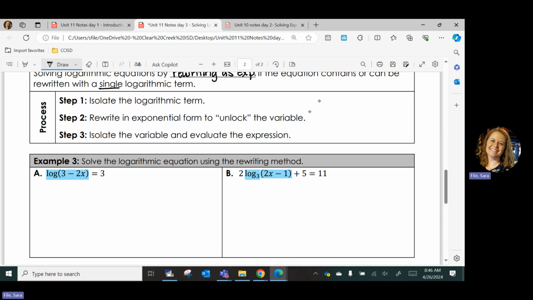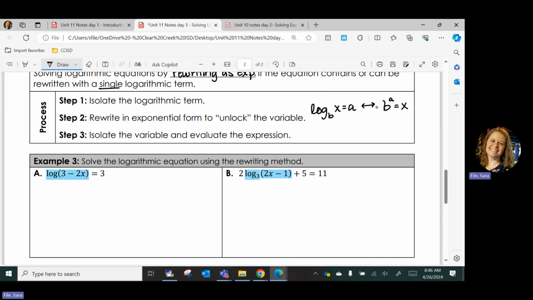So this is where we're going from log base B of x equals a to base B to the power of a equals x. This is converting or rewriting it from log form to exponential form, and you have to remember what goes where. This is what we learned in day 1 notes in the intro to logs, how to rewrite.